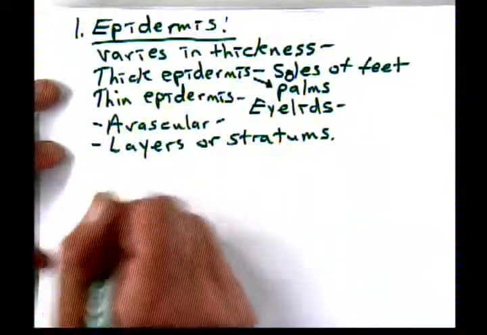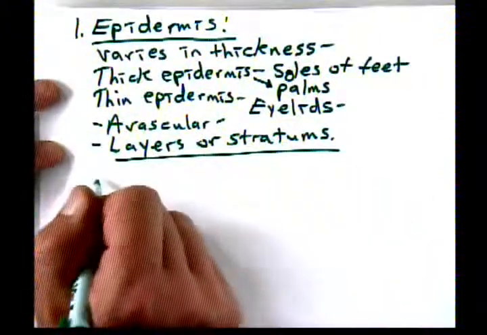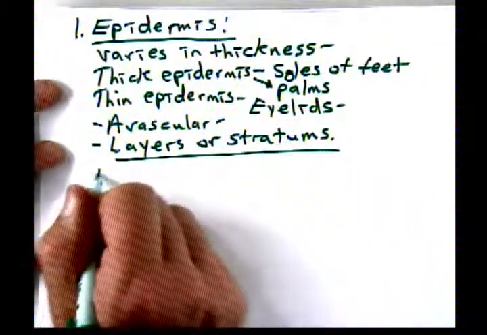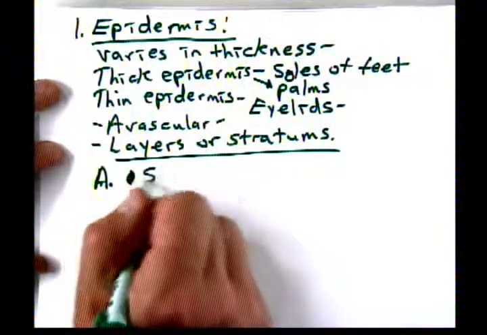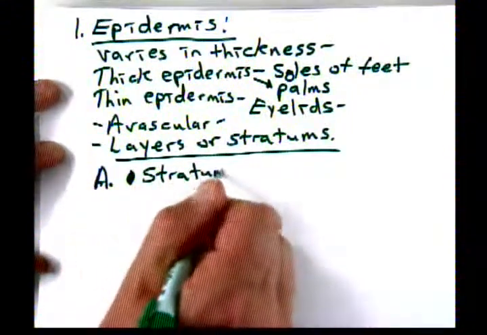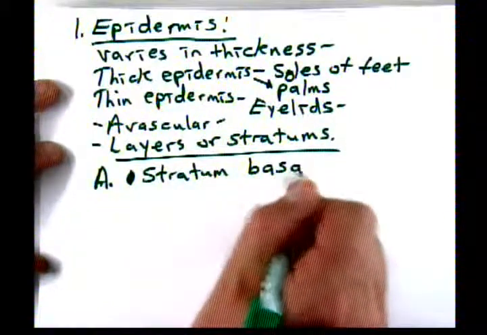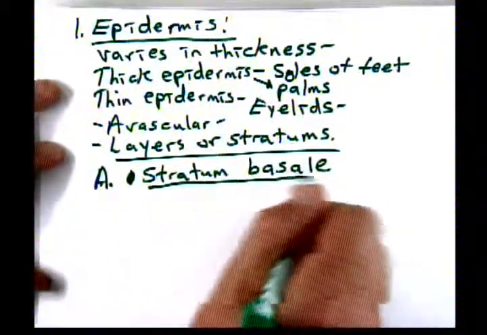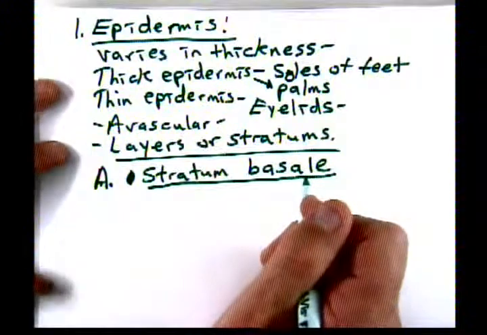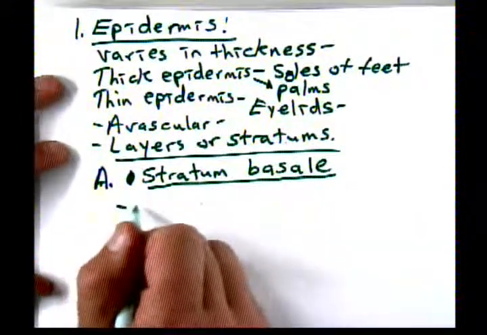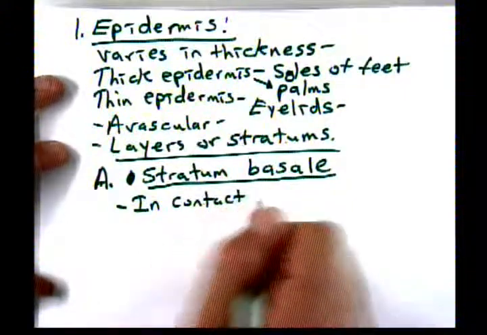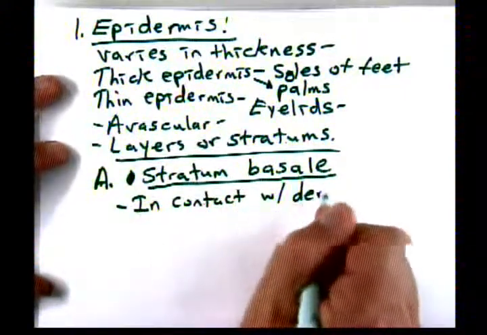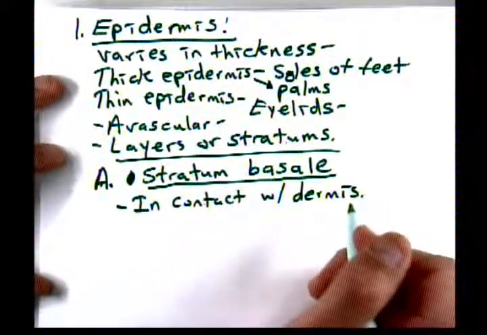But what you have is layers or stratums, and the innermost layer, first, we'll put this as A, is what's referred to as the stratum basal layer. This is the one that's in contact with the dermis, okay?